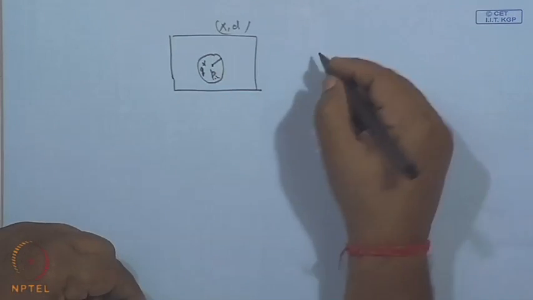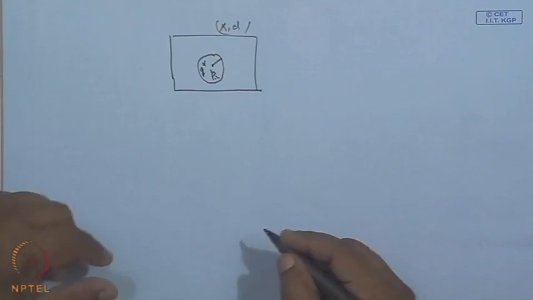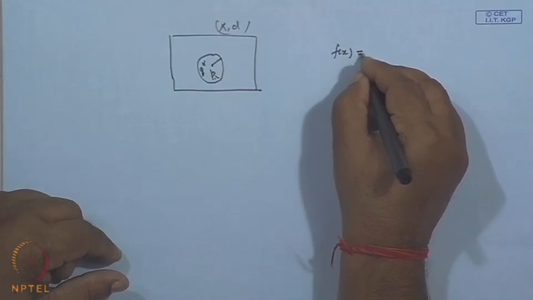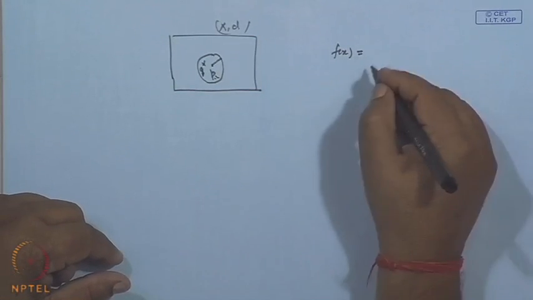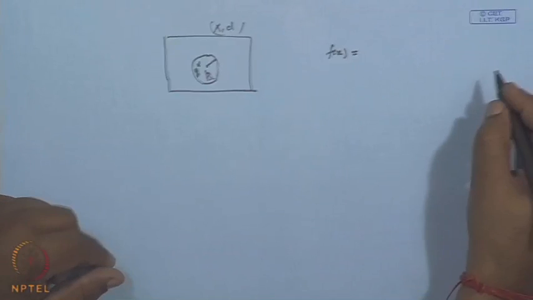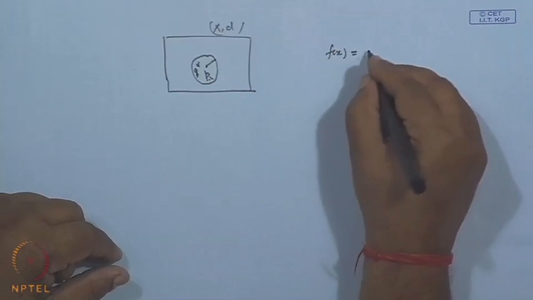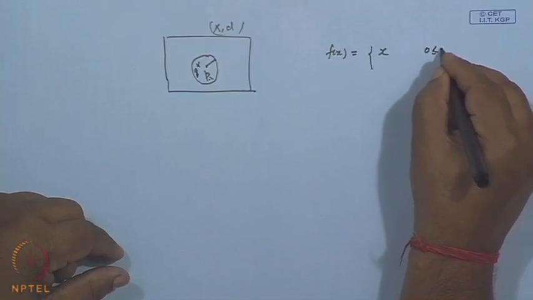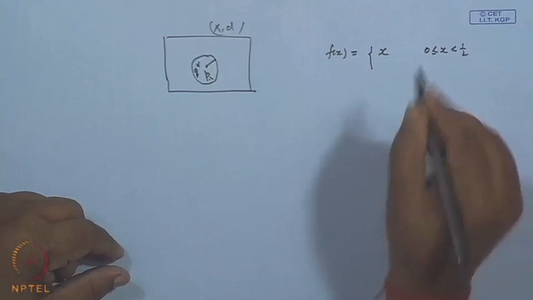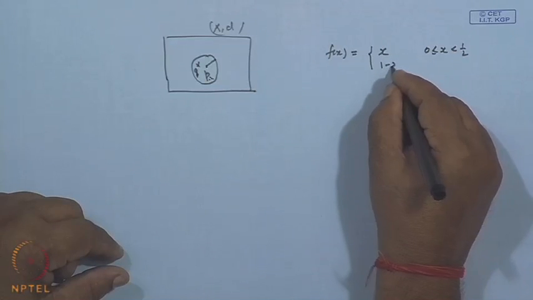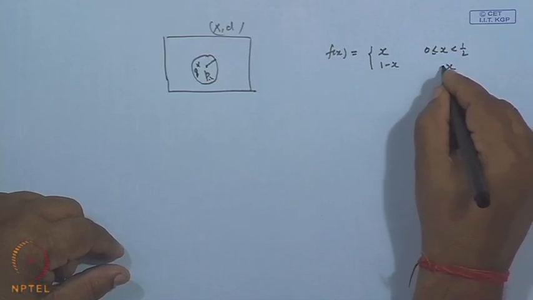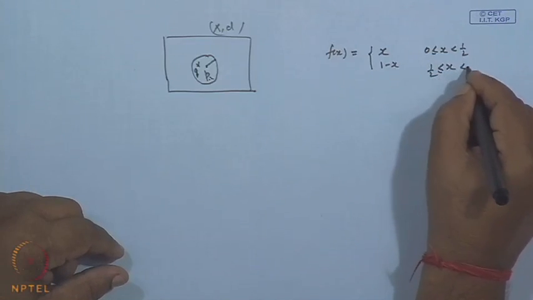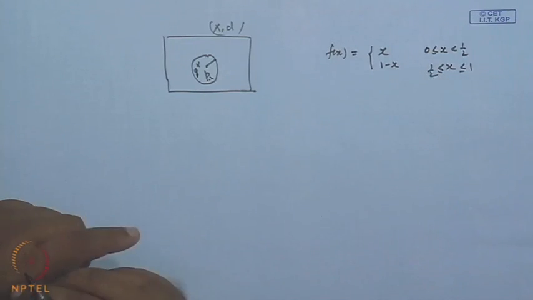Just for example, if we take the function, say, f(x) equal to x when 0 less than or equal to x less than half, and equal to 1 minus x when x is between half and 1.